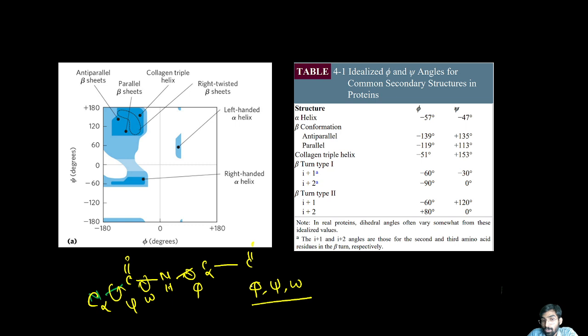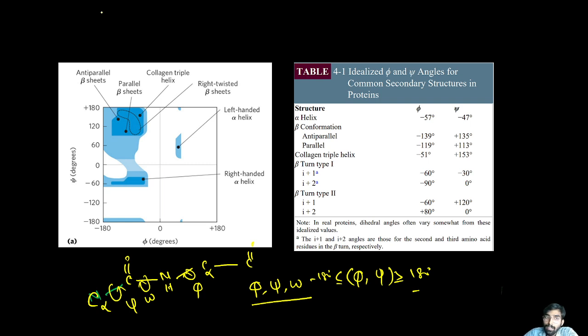The phi and psi angles generally vary from minus 180 to plus 180, but not all these angles of phi and psi are favorable. So the protein needs only the favorable angles.